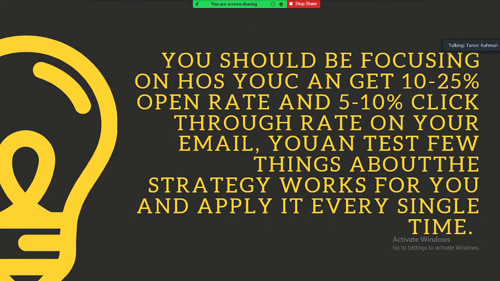So that's really important. And also, what percentage should you be focusing on for the open rate, right? Once you get a 10 or 15% open rate and a 5 to 10% click through rate on your email, you could test a few things about the strategy, see what strategy works for you, and apply it every single time.